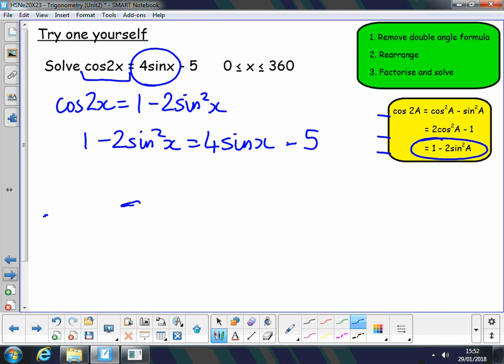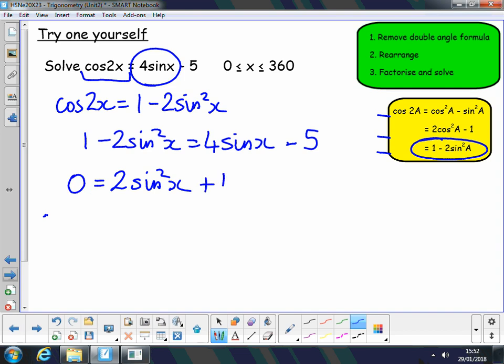Okay, we're then going to move everything over to the one side, just to make the sin squared x positive. So moving everything over to the right hand side, adding 2 sin squared x to both sides, make this equal to 0.